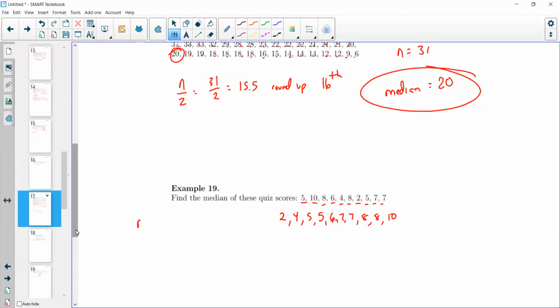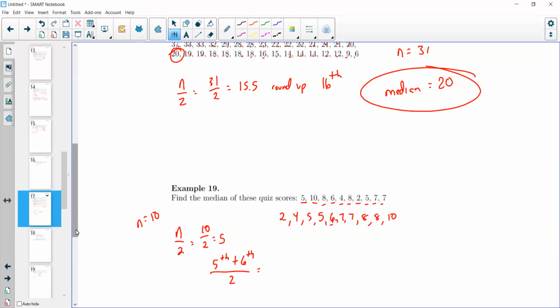So now n equals 10. So to find the median, we take n and divide it by 2. 10 divided by 2 is 5. So since we get a whole number, we take the 5th plus the 6th, and we want the mean, so we divide by 2.